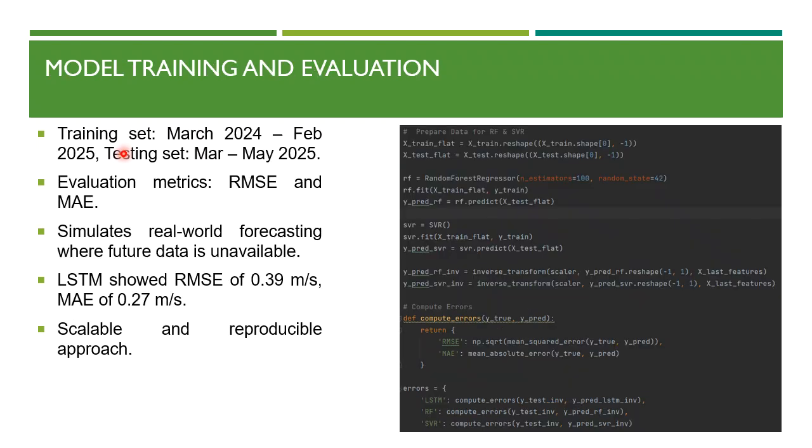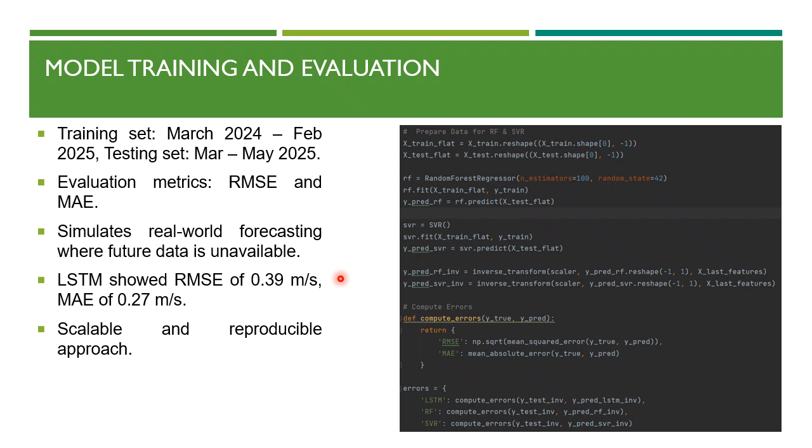So I split the data chronologically, training on March 2024 to February 2025, and testing from March to May 2025. This simulates real forecasting where future data isn't available during training. We used the RMSE and MAE as performance metrics.